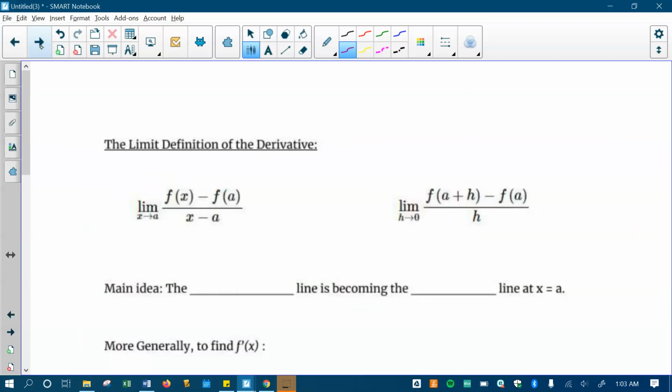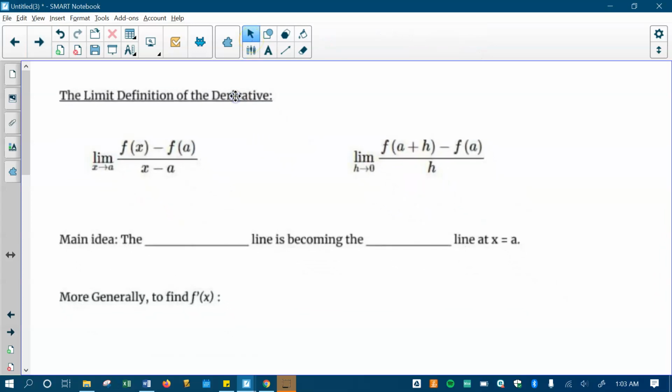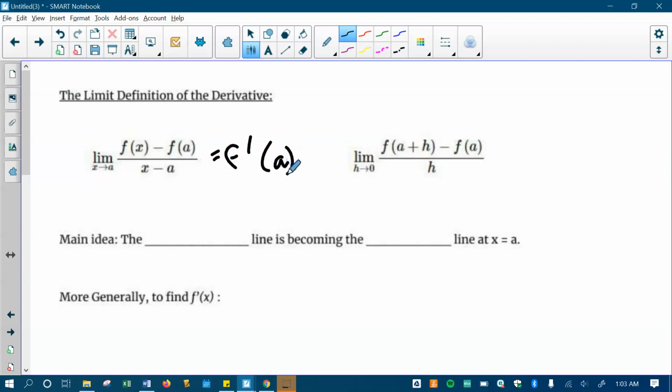Here's our next topic: the limit definition of the derivative. There are two of them. This first one is equal to f prime of a. The second one is equal to f prime of a.